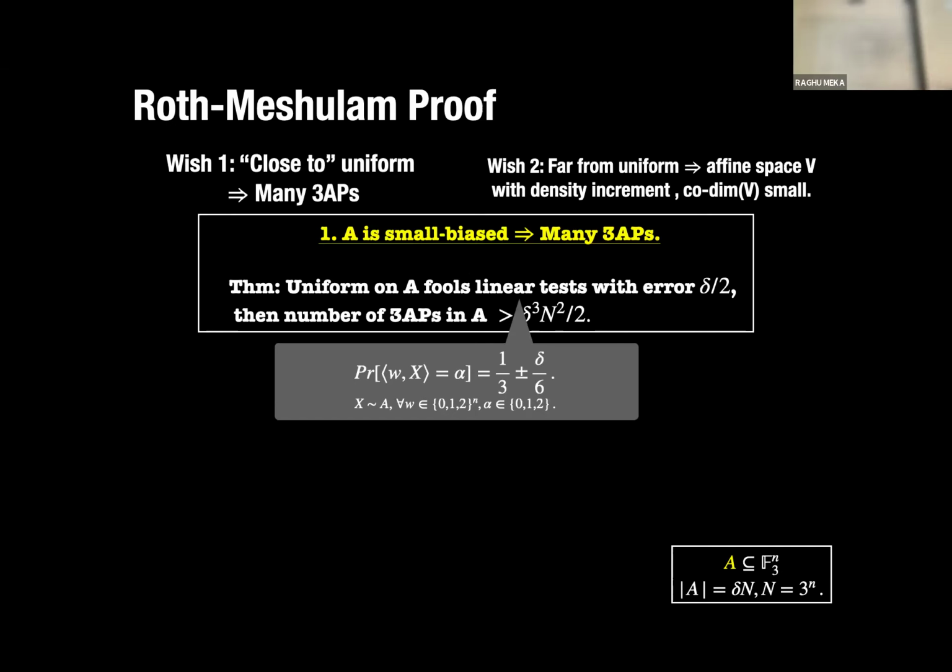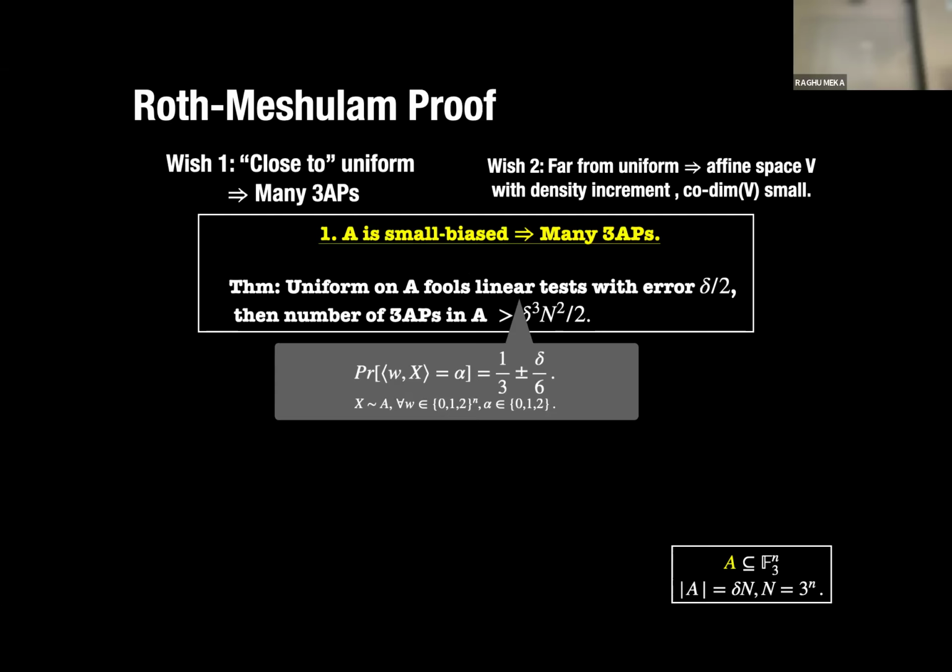A set A is said to fool linear tests, or in the language of error correcting codes or pseudo-randomness, it's called small bias, if the following holds. You have your string X that is generated by picking a uniformly random element from A. If it was completely random, when I add up all of the coordinates, it's going to be 0 mod 3 with probability 1/3, 1 with probability 1/3, and 2 with probability 1/3.